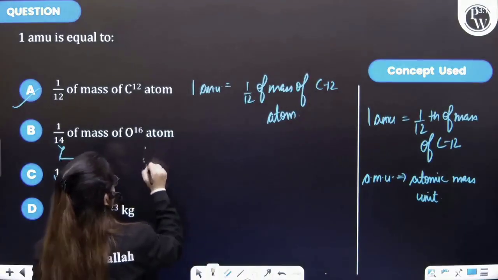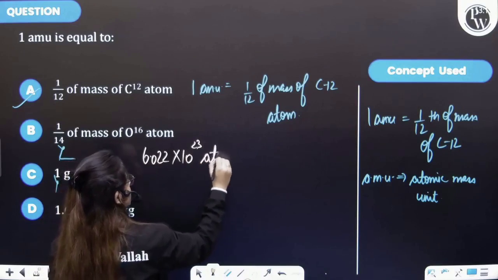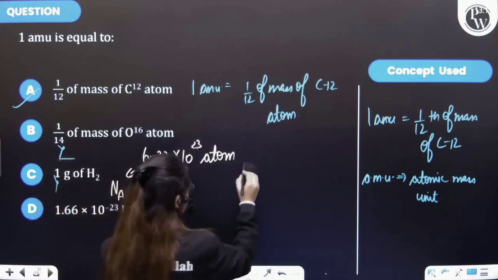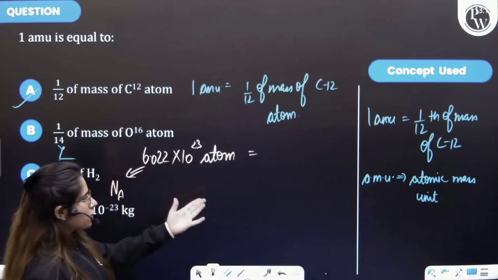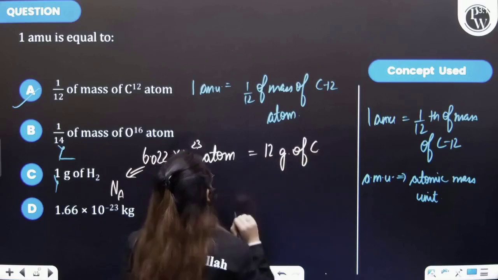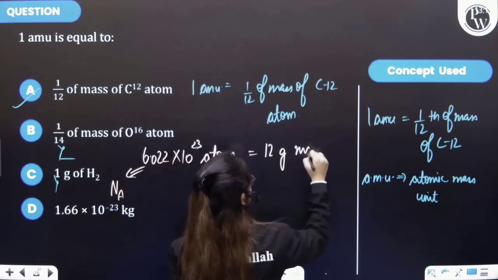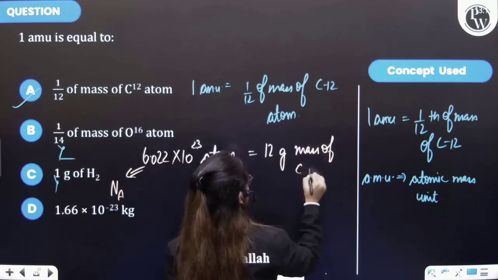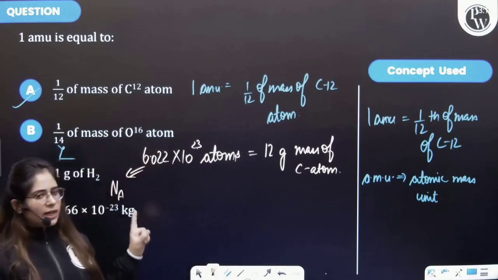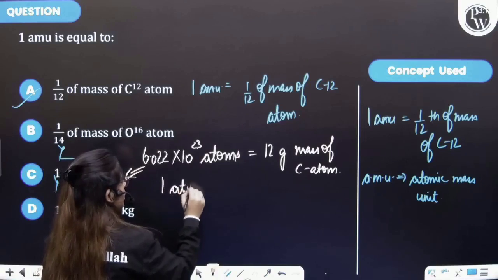We know this thing. 6.022 into 10 raised to the power 23 atoms, which is Avogadro's number. These atoms corresponds to 12 gram of carbon, or the 12 gram mass of one carbon atom. अब इसमें इतने सारे atoms हैं, but if I talk about one atom, अगर इतने atoms का 12 gram mass है, तो एक atom का कितना हो जाएगा?